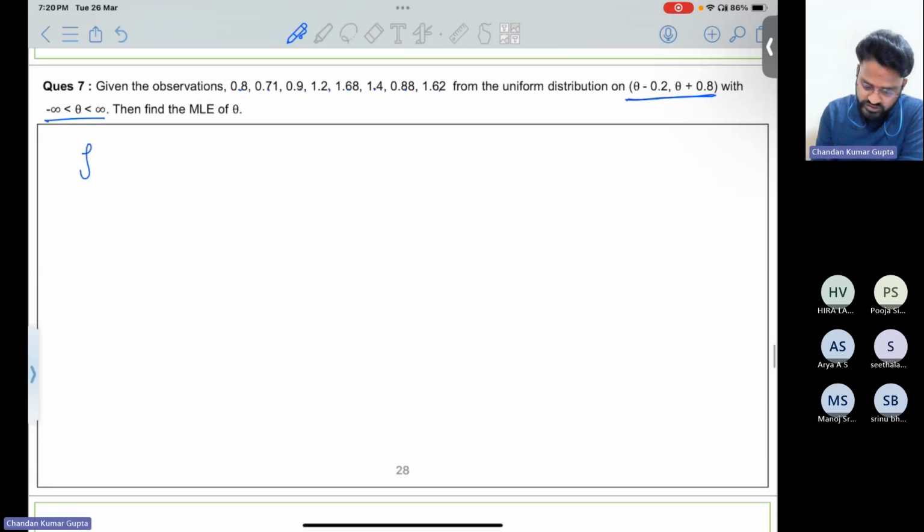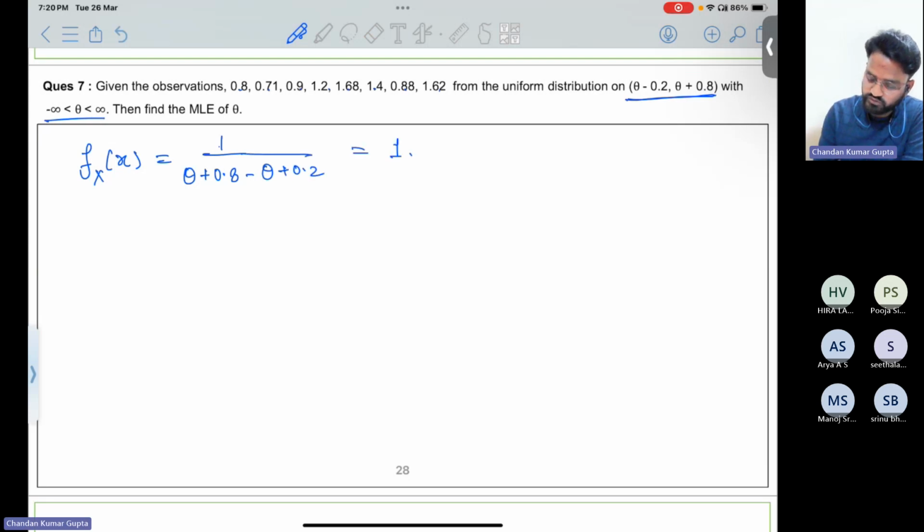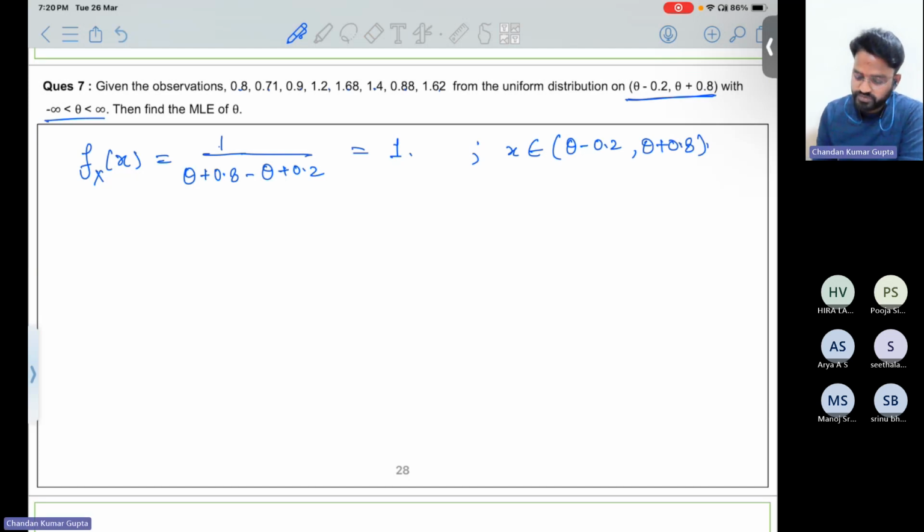So first of all, the PDF of x is 1 upon theta plus 0.8 minus theta plus 0.2, which comes out to be 1, for x belongs to theta minus 0.2 to theta plus 0.8. Okay, this is our PDF.